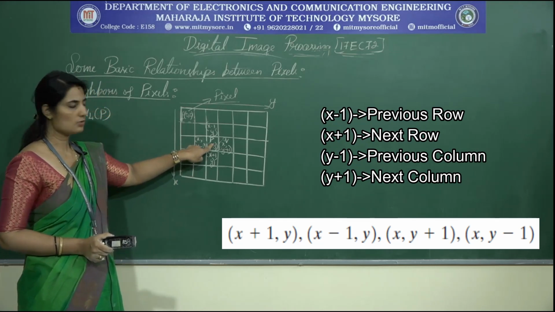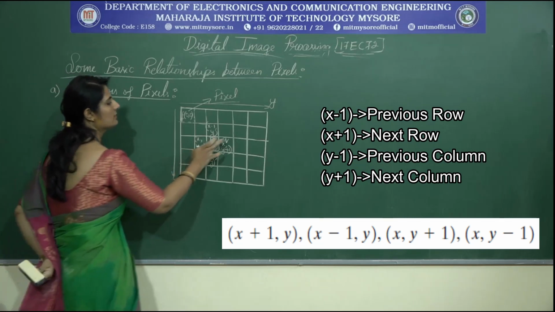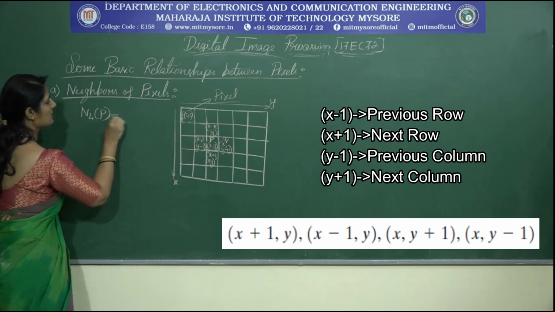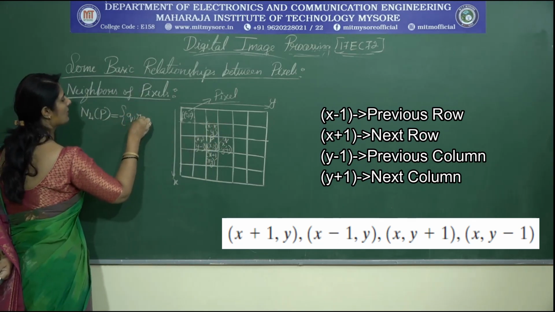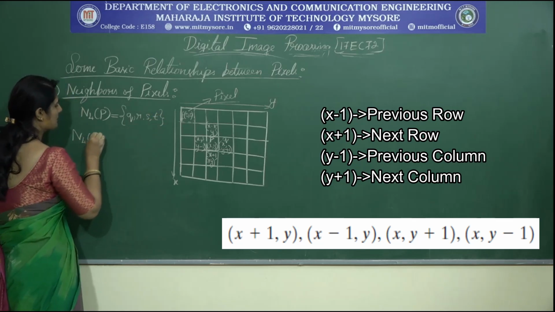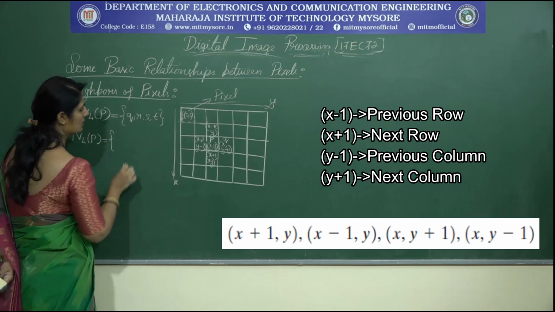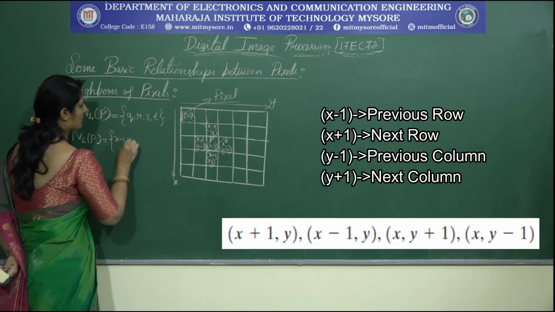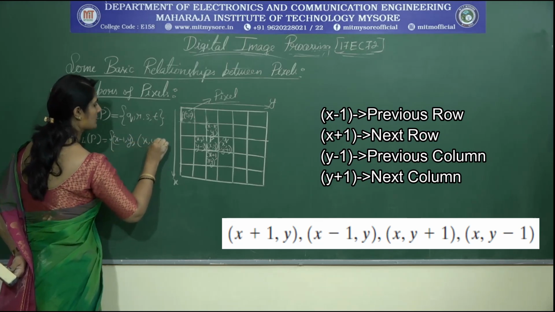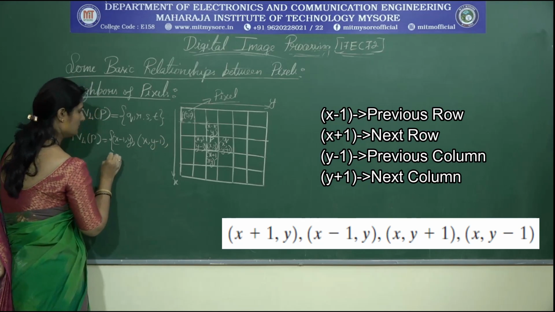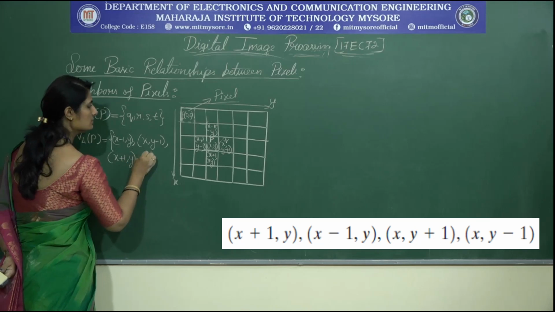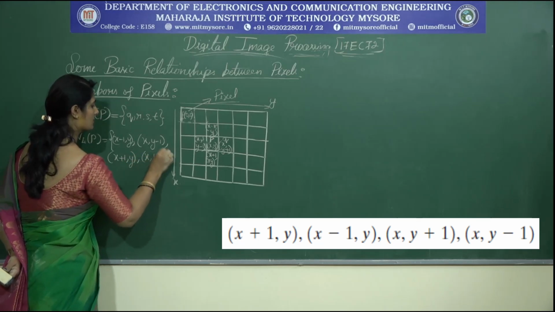So the 4 neighbors of pixel P are Q, R, S, T. That means the 4 neighbors of pixel P are x minus 1 comma y, x comma y minus 1, x plus 1 comma y, and x comma y plus 1.